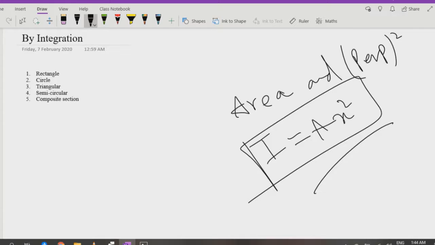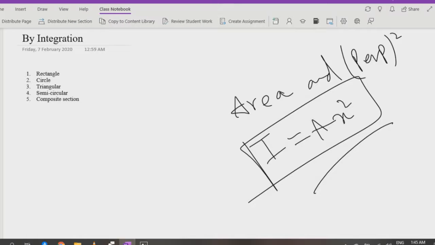These are cramming things, so you can go and cram them and get a bit of understanding of how you can derive this formula. I will not get into much detail. So this is the integration method through which we find the moment of inertia.